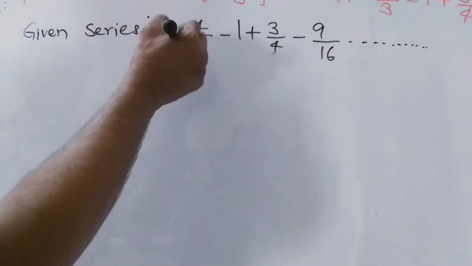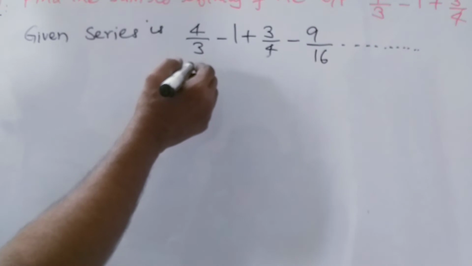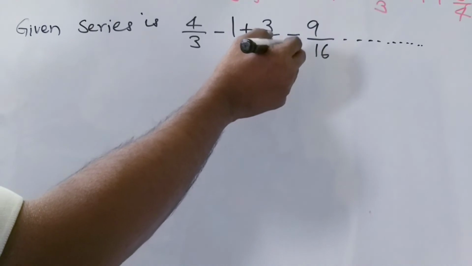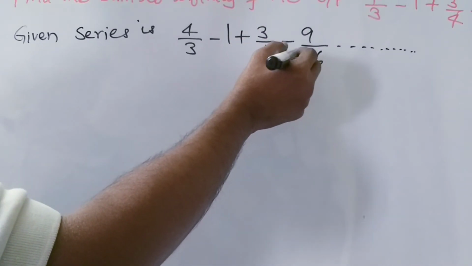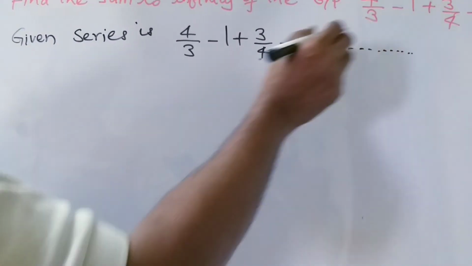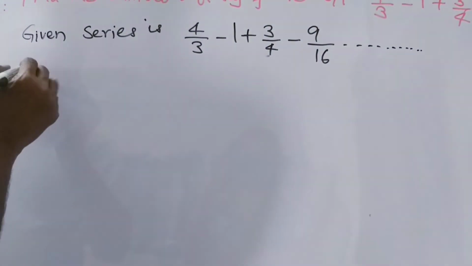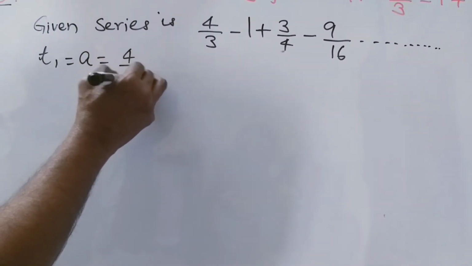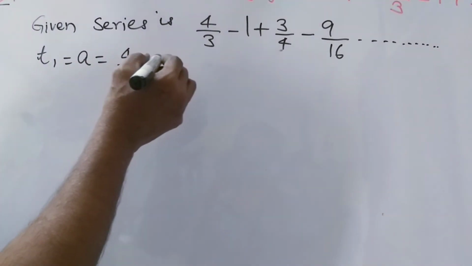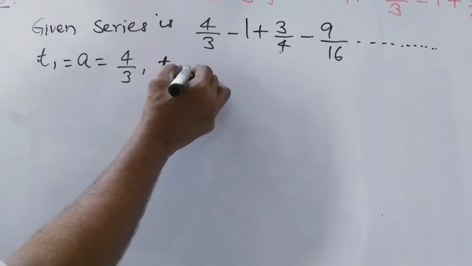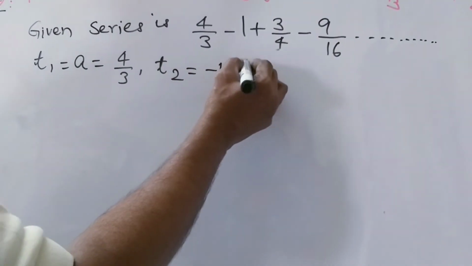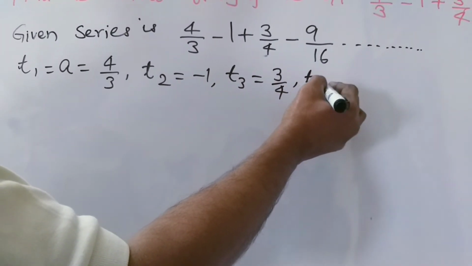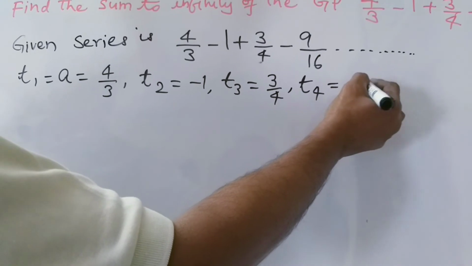Here the first term is 4 by 3, second term is minus 1, third term is 3 by 4, fourth term is minus 9 by 16 and so on up to infinity terms here. So, the first term T1 is equal to A is equal to 4 by 3 and second term T2 is equal to minus 1 and third term is equal to 3 by 4 and fourth term is equal to minus 9 by 16.